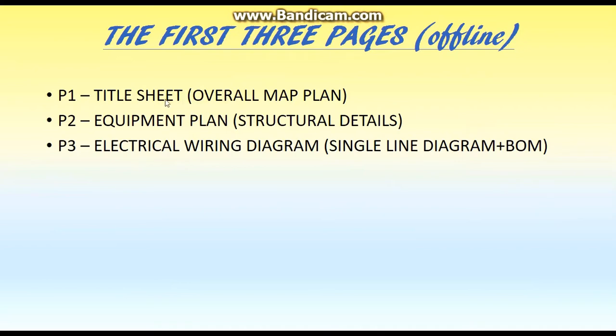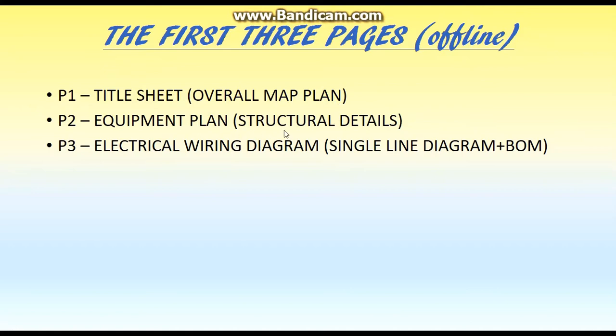The first sheet is the title sheet, second sheet is the equipment plan, third sheet is the electrical wiring diagram. These are going to be the main sheets that you will spend the most time on designing. The title sheet has the overall map or plot of the house.